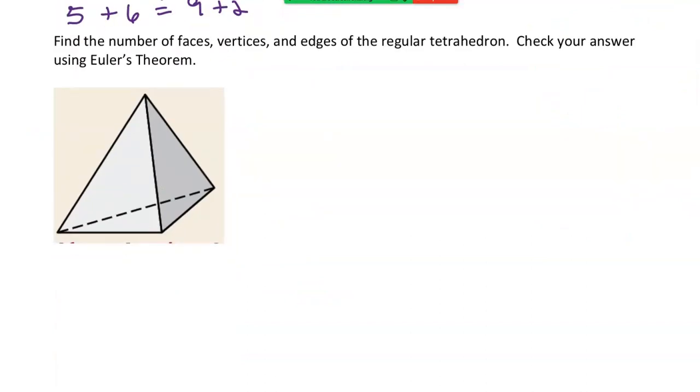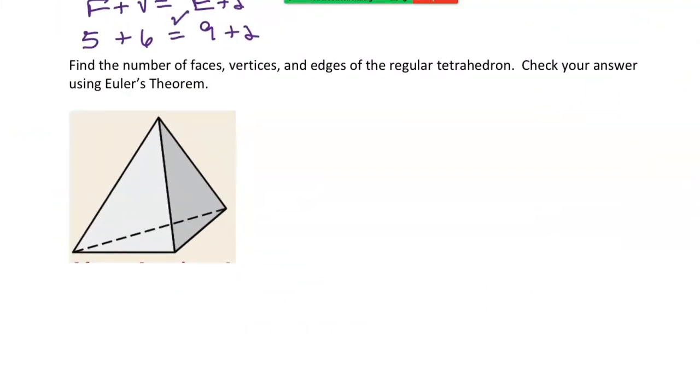Okay, we have one more shape here. It says find the number of faces, vertices, and edges. So that's going to be our whole focus. So the faces, let's say I have here, here, and one in the back, and then one in the bottom. So that's going to be 4. My vertices, I'm going to color them in red. 1, 2, 3, 4. Okay, that's it for the vertices.